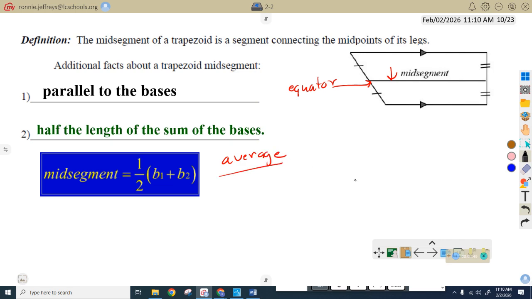Basically we're going to add, and it doesn't matter which one or two, because it's adding, and we're going to put it all over 2, and we should have that. Okie dokie?